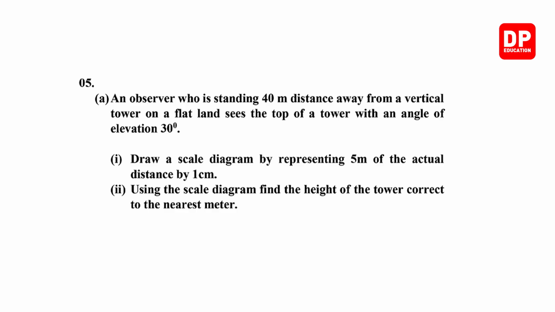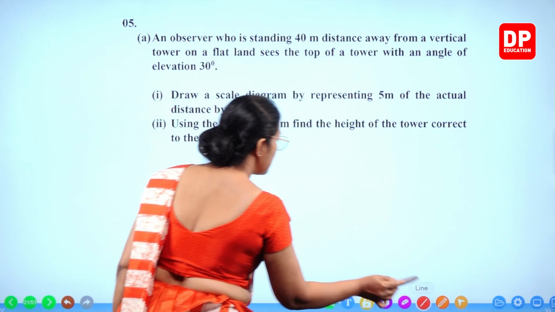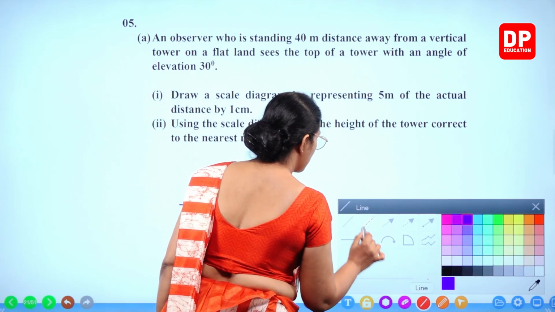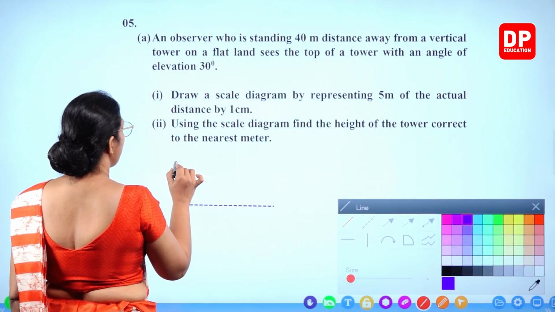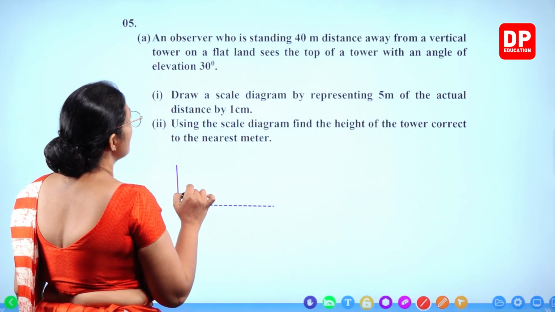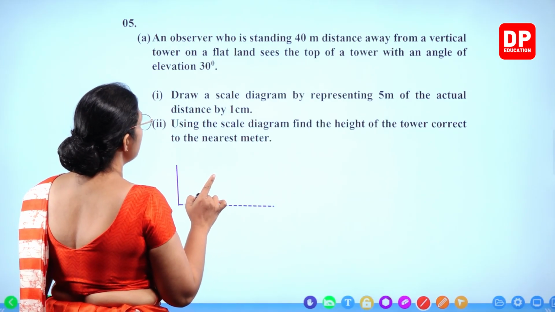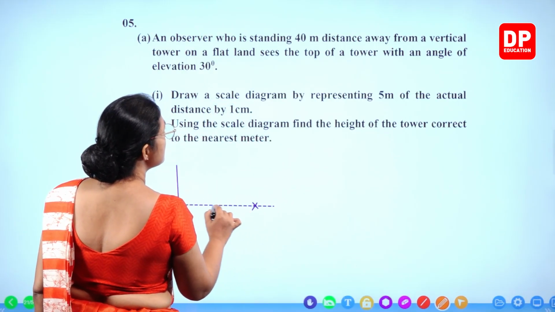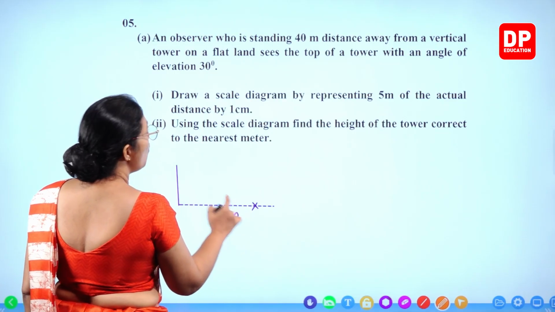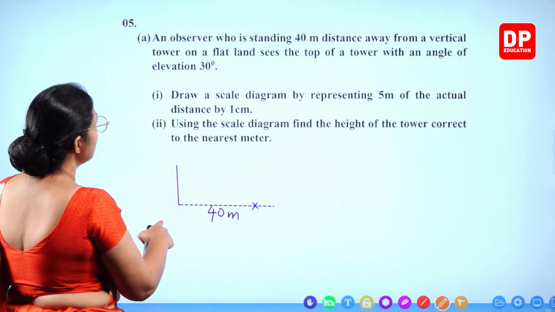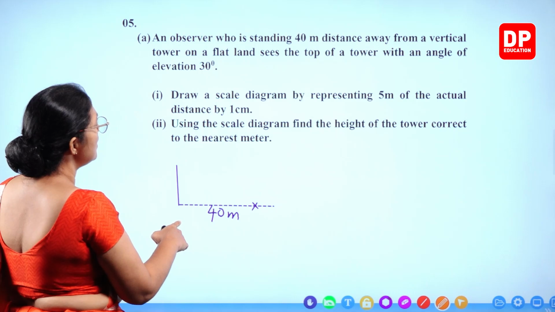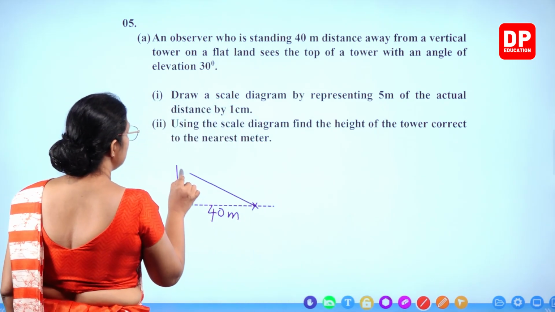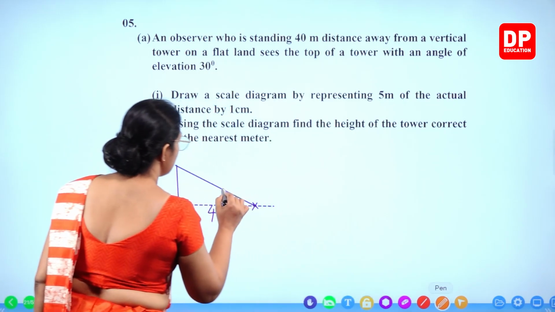It says there's a vertical post. The observer is standing 40 meters away and sees the top of the tower with an angle of elevation 30. So that means this angle is 30 degrees.